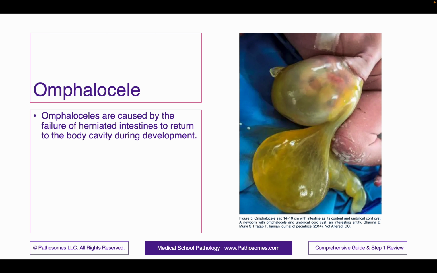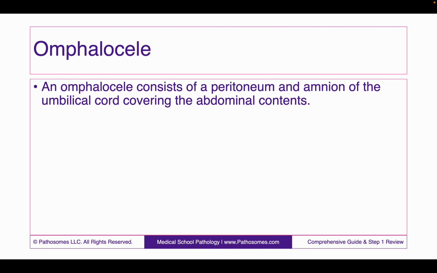Omphaloceles are caused by the failure of herniated intestines to return to the body cavity during development. An omphalocele consists of a peritoneum and amnion of the umbilical cord covering the abdominal contents.